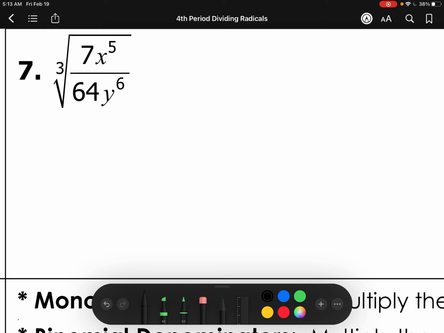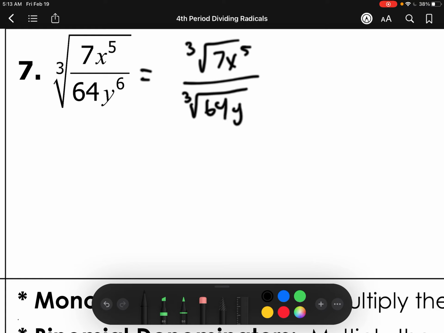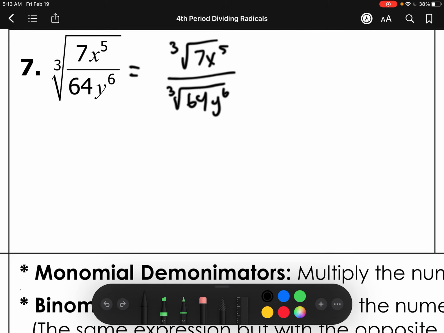And we're going to do this because, look, we can't divide 7 by 64, but the cube root of 64 is a perfect cube, right? And I can also take the cube root of y to the 6th power, right?